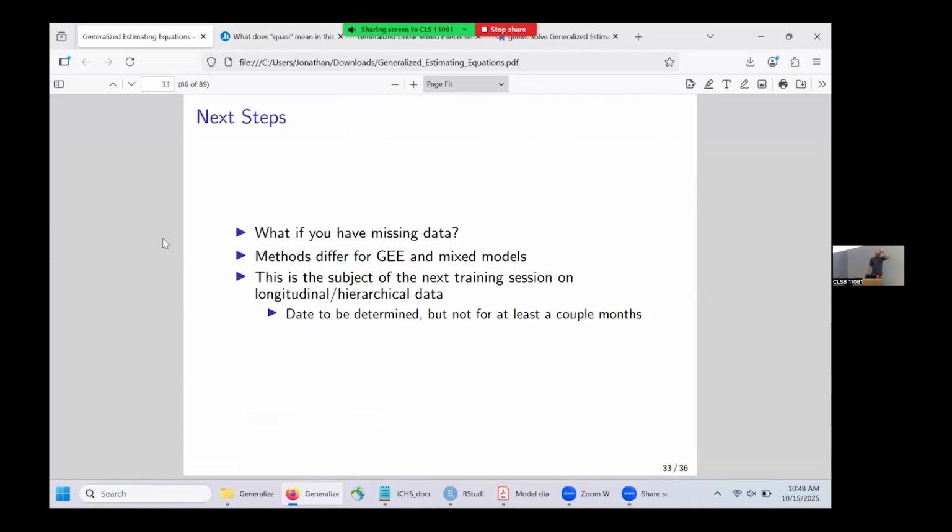Maybe not something we want to deal with. But anyway, this is all to say that I definitely plan to talk about missing data for longitudinal data at a future training session. The date is TBD. My schedule is pretty booked for a little while, so it's going to be a moment before we can talk about this, but it's definitely on the docket.